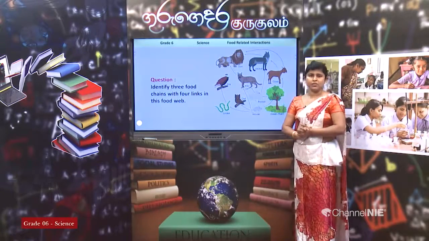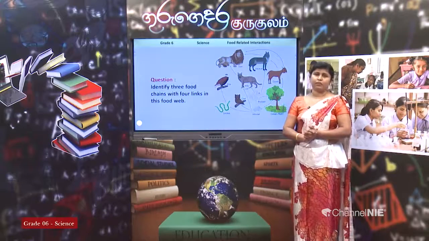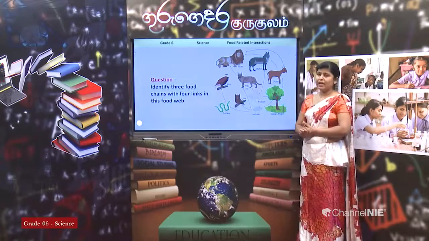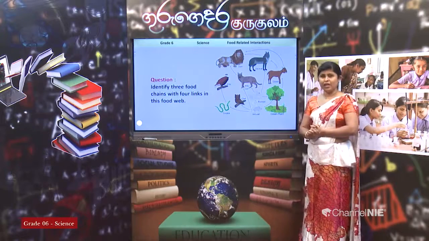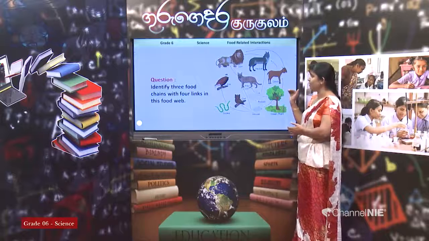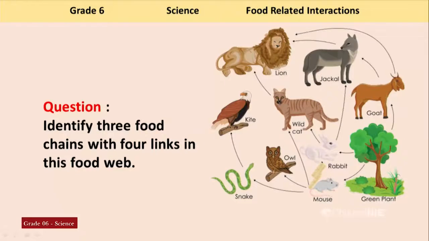So, if I ask you to identify food chains in this food web, will you be able to do that? I will help you. Okay? Once again you can have a look at the diagram. So, you can understand the animals given on the diagram. It is very easy to identify. My question is, identify 3 food chains with 4 links in this food web.